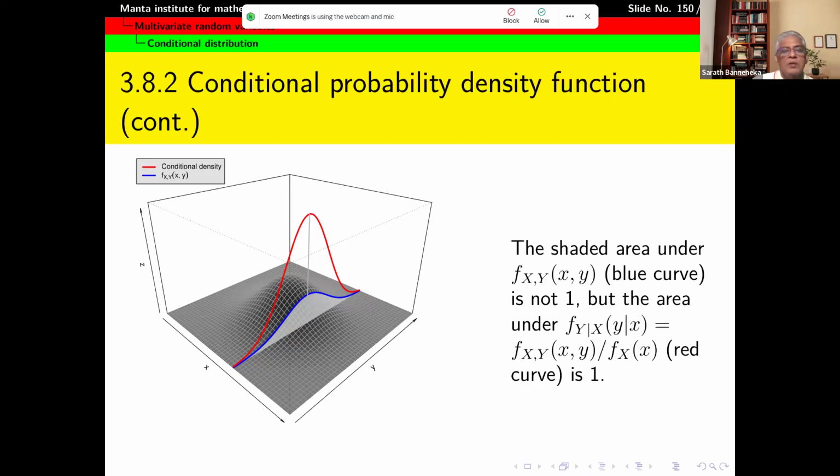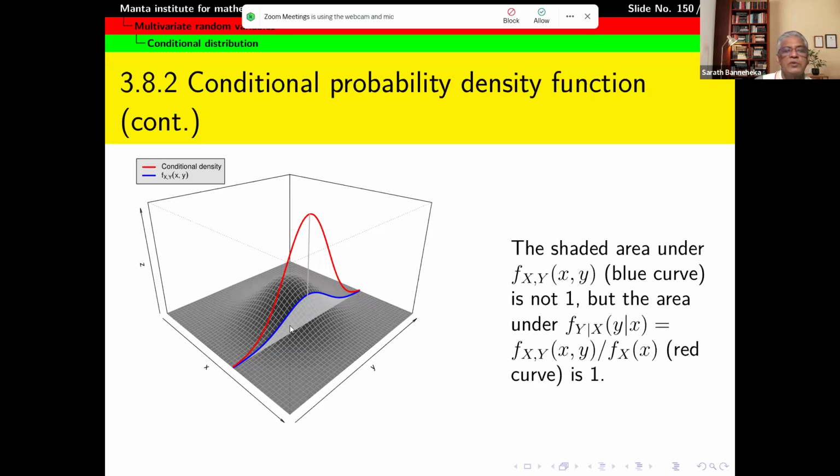But that's what we want to look at: the conditional distribution of y when x is equal to x naught. In order to make it a complete density function, we have to normalize it, so that if you integrate over the whole set of y values, we get 1.